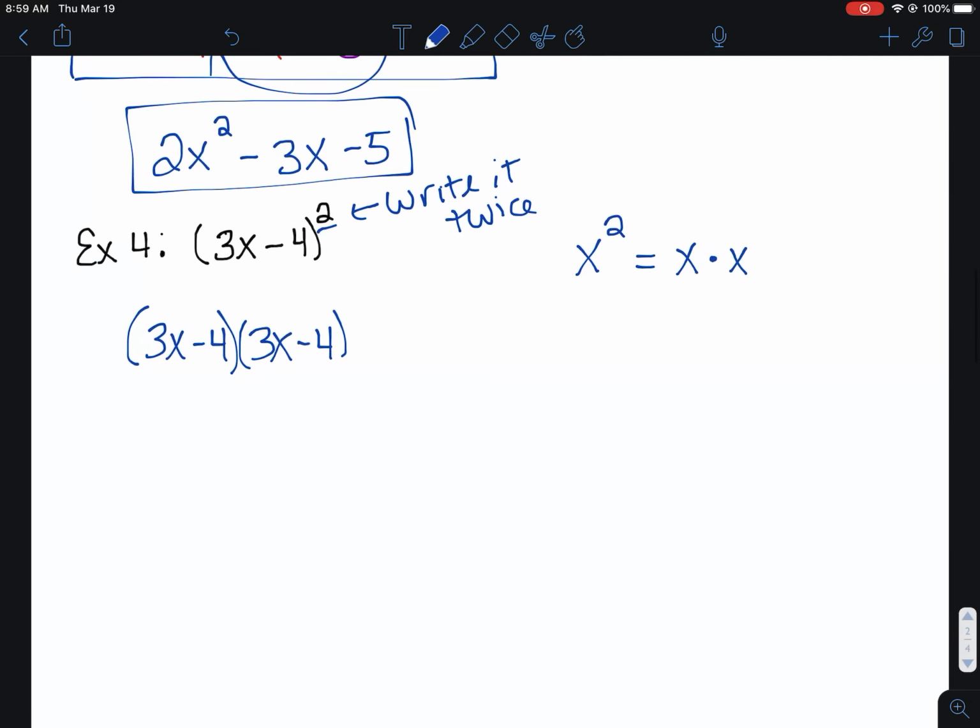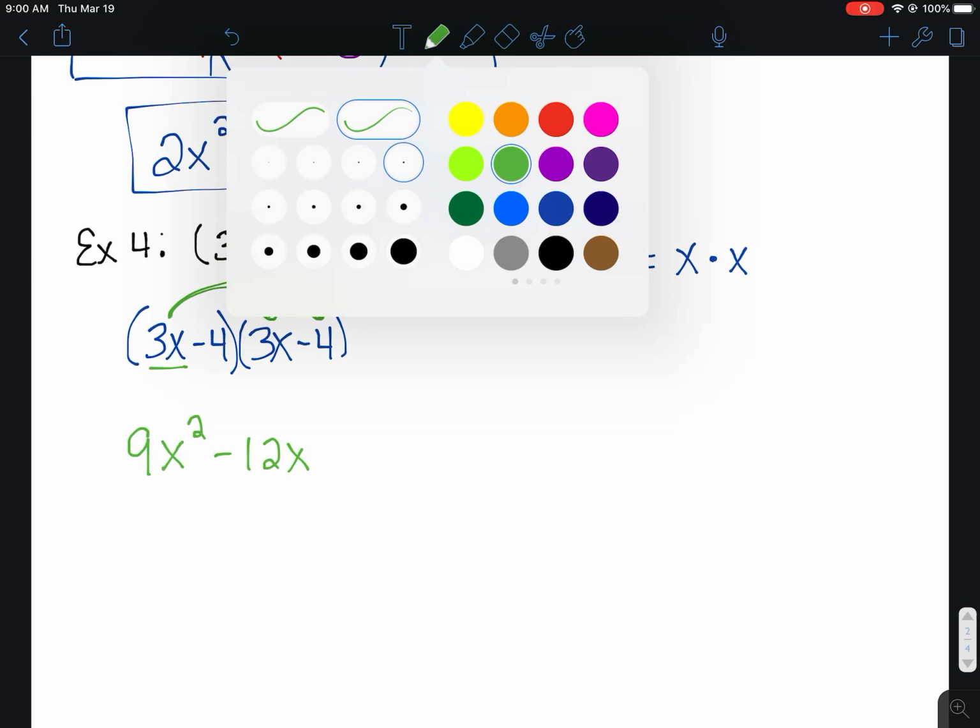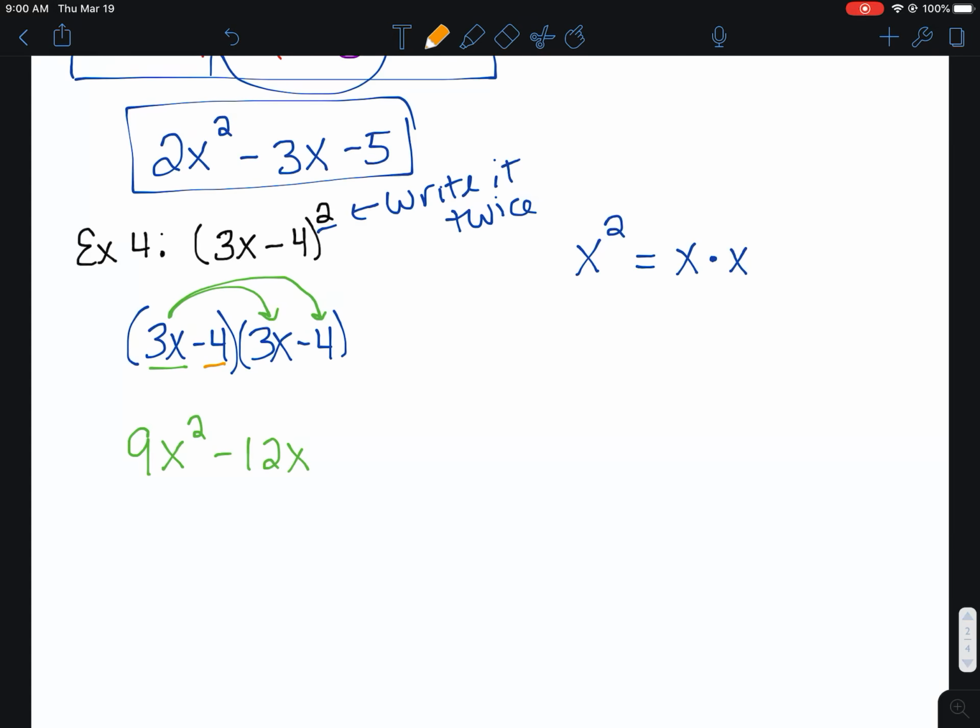So we're going to double distribute here. Let me get a different color. So first term, 3x needs to get multiplied by 3x, and I get 9x squared. 3x then times the -4 is -12x. Then I'm going to go to the second term here. -4 gets multiplied by 3x, and I get another -12x.